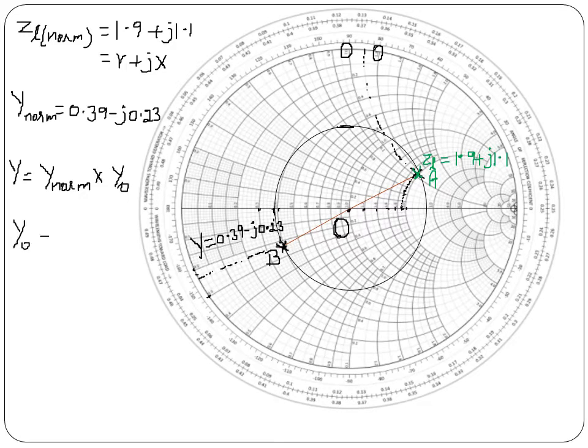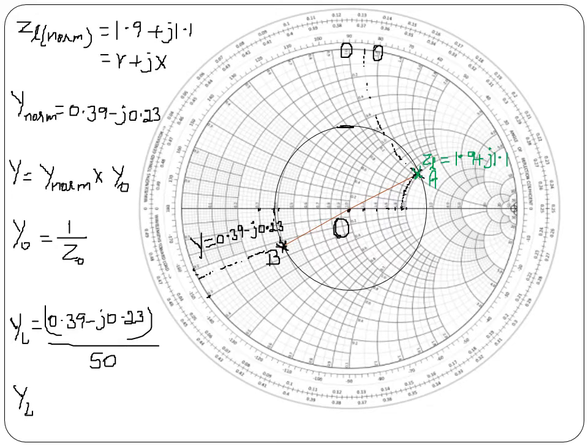Therefore, admittance is equal to normalized admittance multiplied with Y naught. Y naught is equal to 1 by Z naught. Therefore, Y is equal to the load admittance for the given problem, 0.39 minus j0.23, divided by 50.